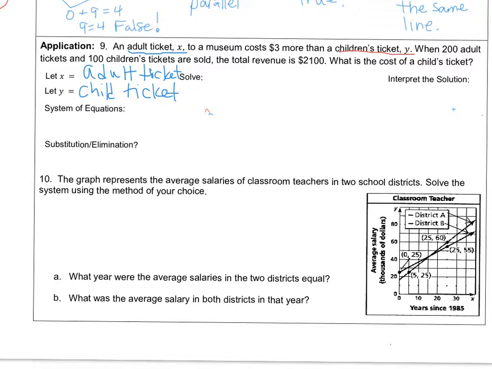When it says the adult ticket cost, that's "is," so we can say x is our adult ticket, so x equals 3 more than a children's ticket. So a children's ticket plus 3. So y plus 3 more. Okay, so we have our first equation.